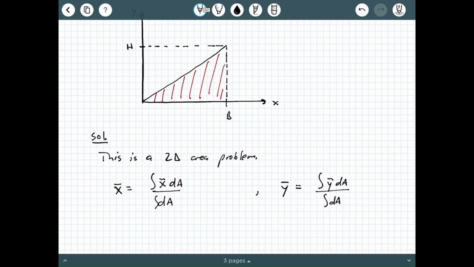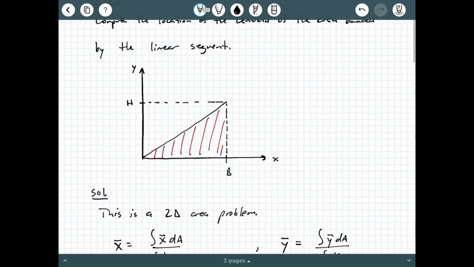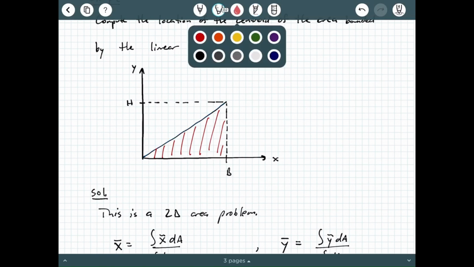Nothing mind-blowing yet. The next thing we need to notice is that we were not given an equation, and we're using the integral form, so we need some kind of equation of this line.